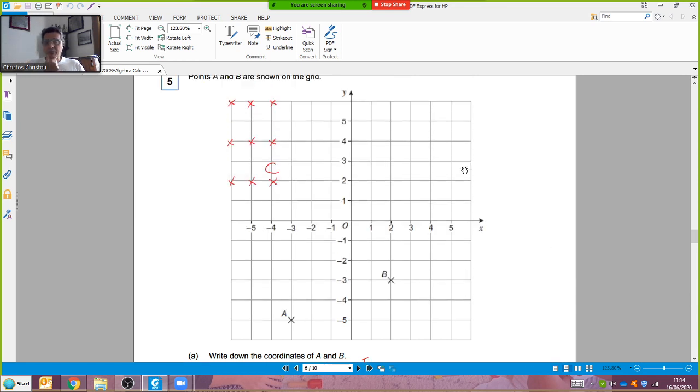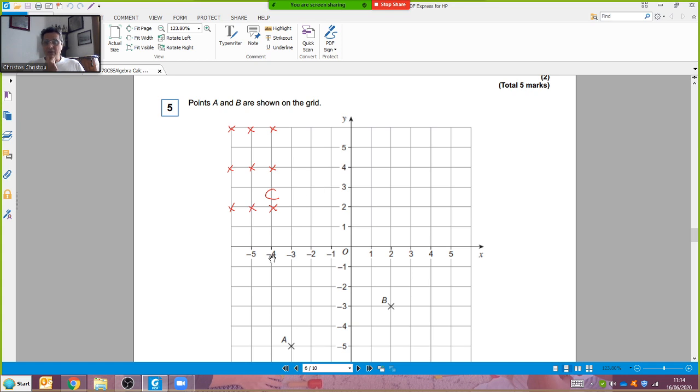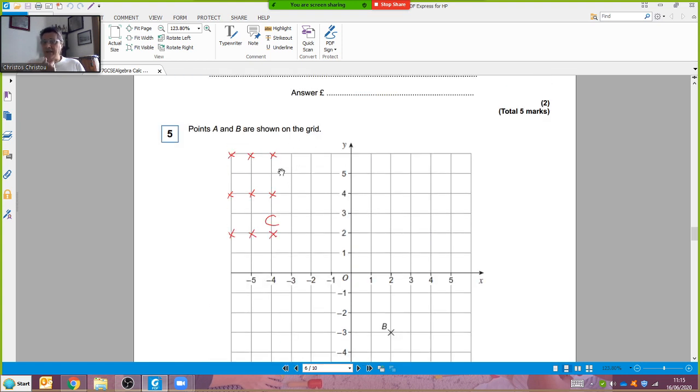And these are all the possible answers. -4 is less than -3 and 2 is an even number. So I could have (-4, 2), (-4, 4), (-4, 6). Now I've come off the scale, so you could avoid that one. But if you actually labelled that C, then all of these are potential C's. -5 is definitely less than -3. So you can have (-5, 2), (-5, 4), (-5, 6).